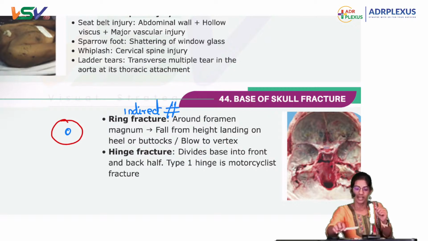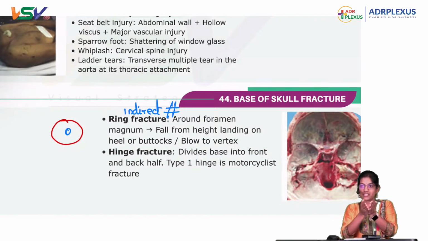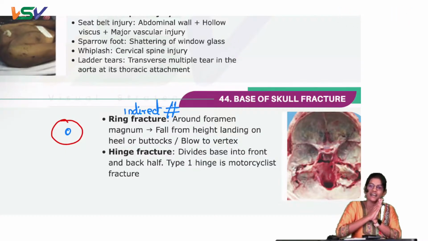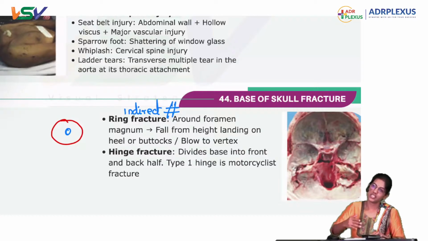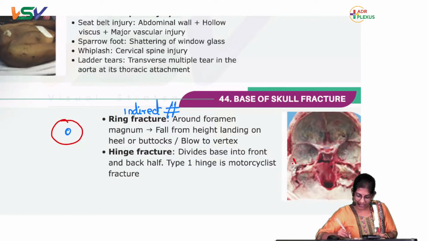So if this is the base of the skull, it is fractured in the middle over here. Now this skull will function like a hinge of a door. This is hinge fracture. Generally, the line of the hinge fracture will pass through the sella turcica. So here you can see a hinge fracture.